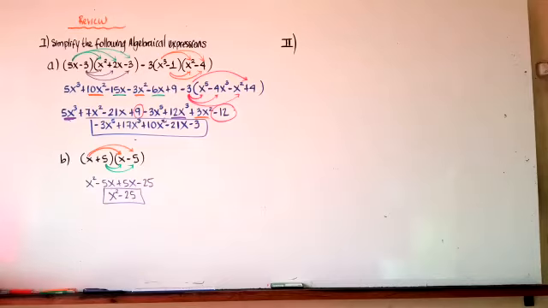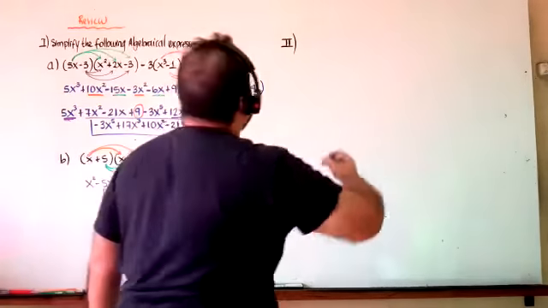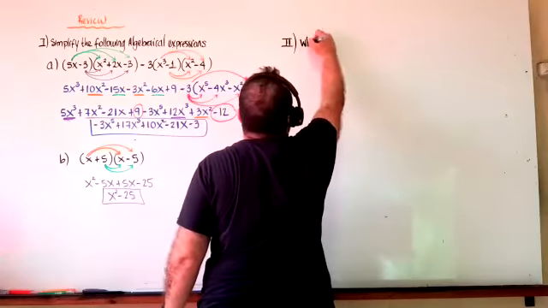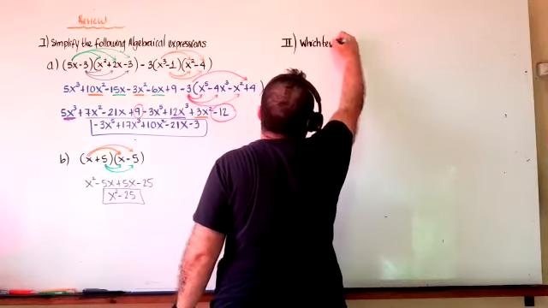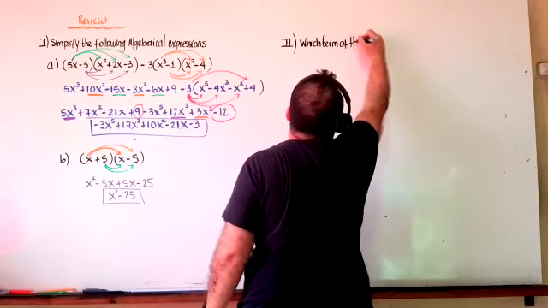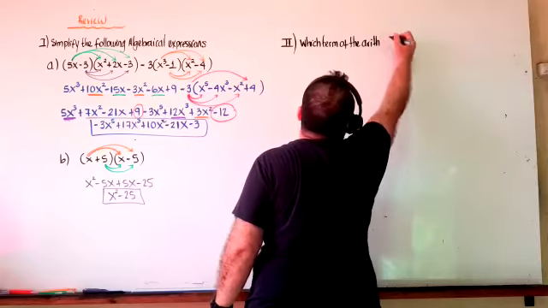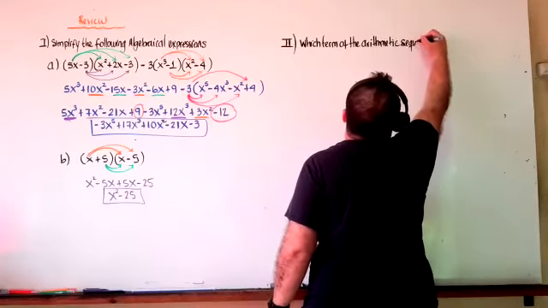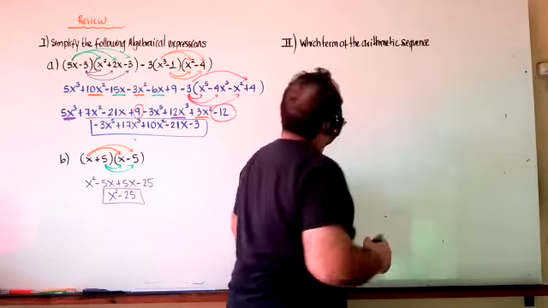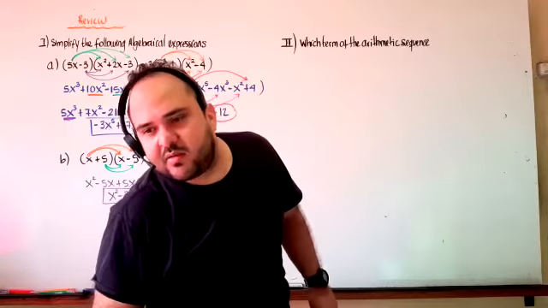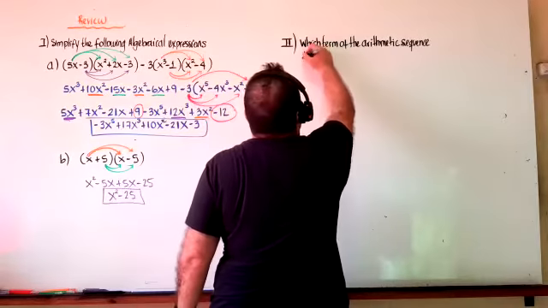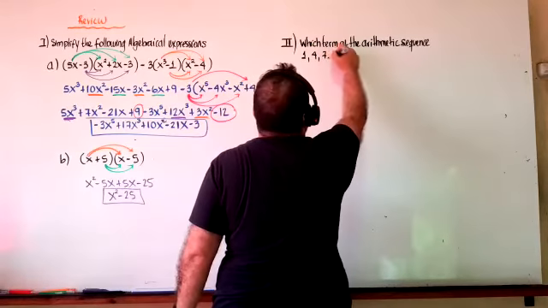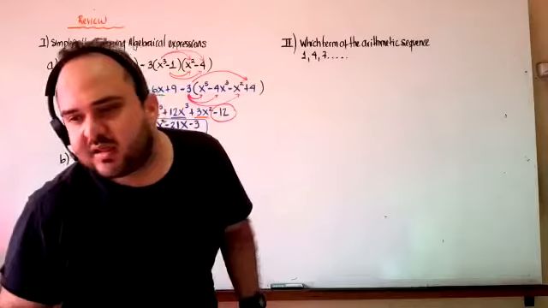Okay, this is one of the problems of the study guide, and I'm going to copy it over here. The problem says: which term of the arithmetic sequence 1, 4, 7, and so on, is 88?